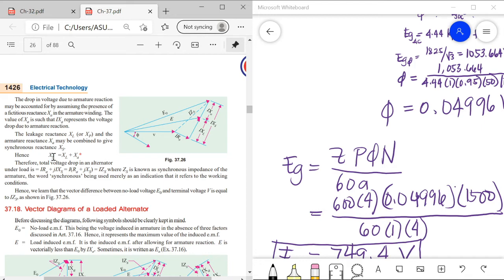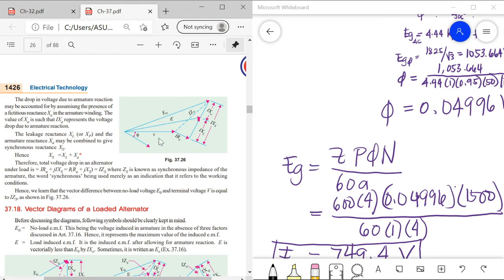So XS is equal to XL plus XA. Therefore, the total voltage drop in an alternator under load is equal to IRA, the drop in armature resistance, plus IXS, where XS is equal to XL plus XA.